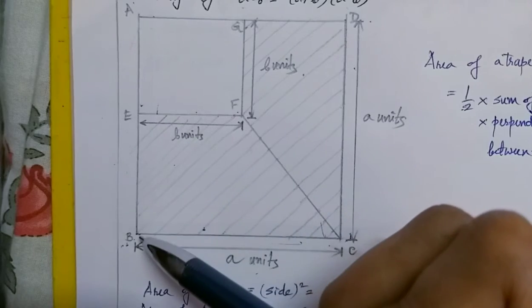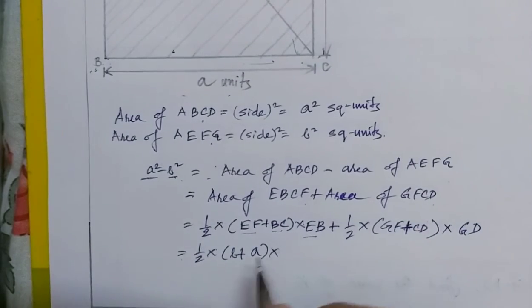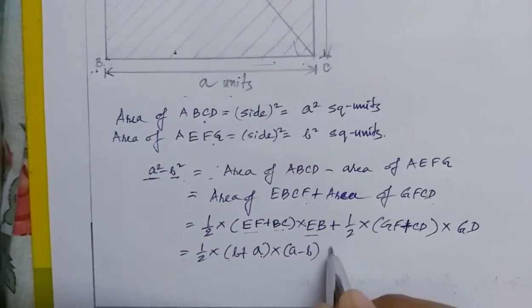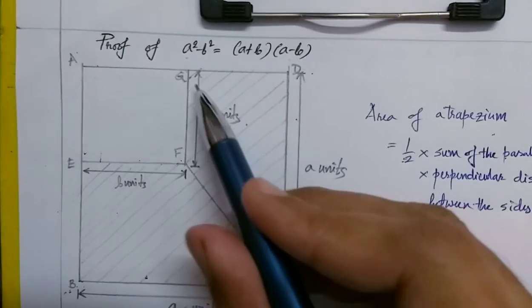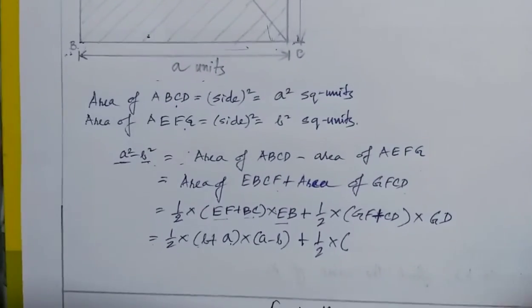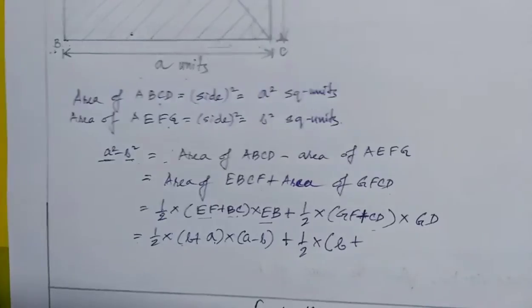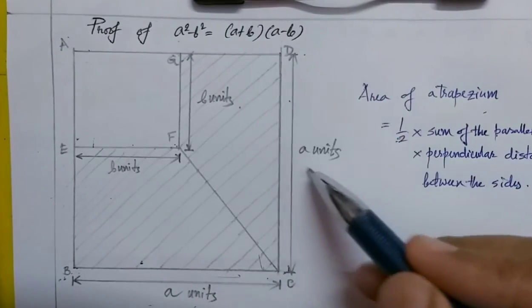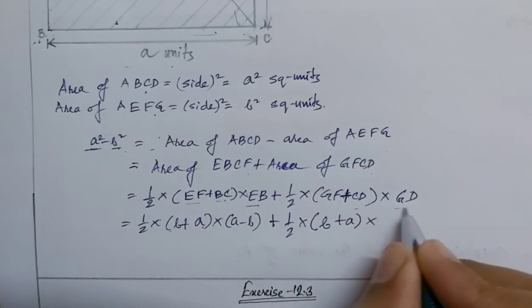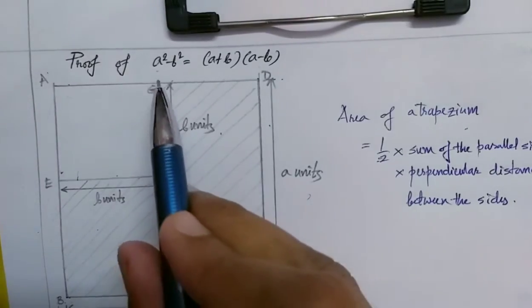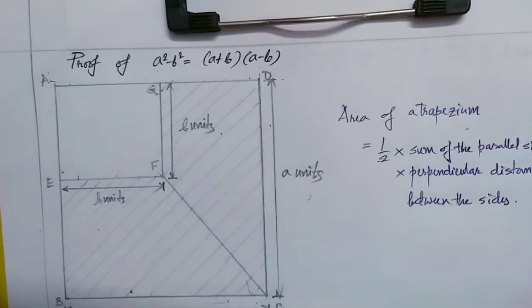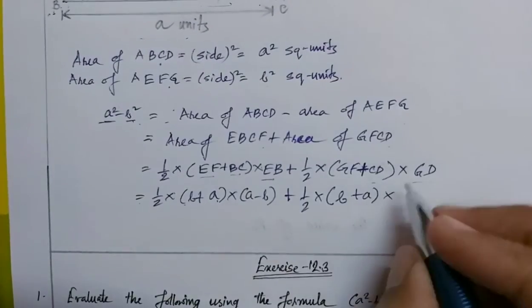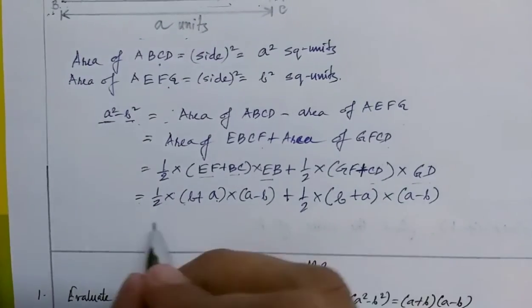So we get half into (b + a) into (a − b), plus half into, for GF, b units again, plus CD, which is a units, and GD. Again the entire length is a units and this is b, so the measurement of GD is a − b.